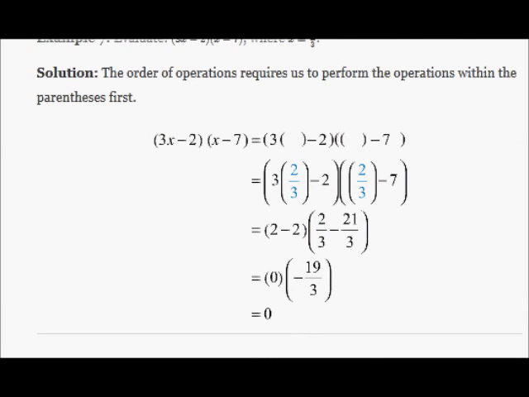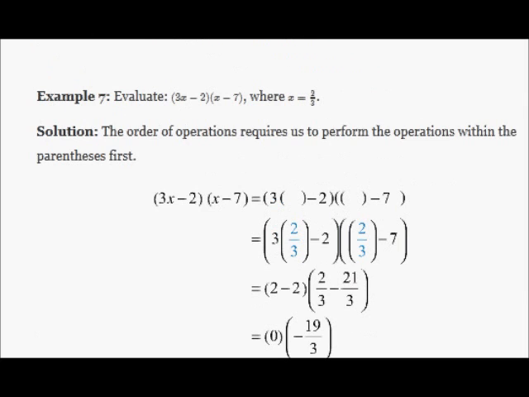Okay, now we're going to evaluate the product of 3x minus 2 times x minus 7, where x equals 2/3. Okay, so here it's really the order of operations that's important. You've got to remember that you have to solve what's in the parentheses first, if you follow PEMDAS: parentheses, exponents, multiplication, division, addition, subtraction.